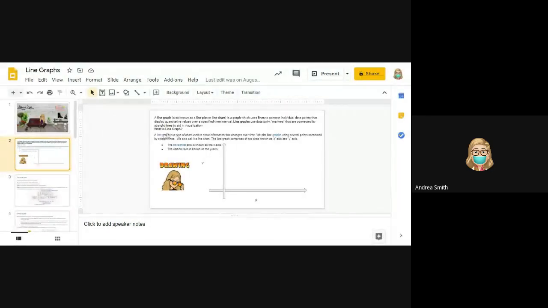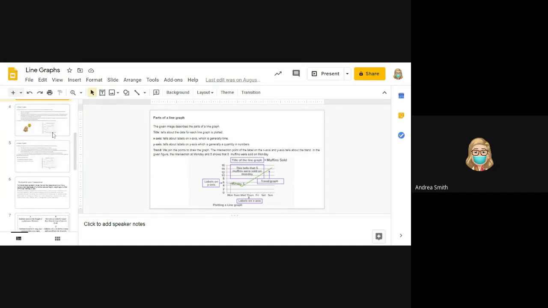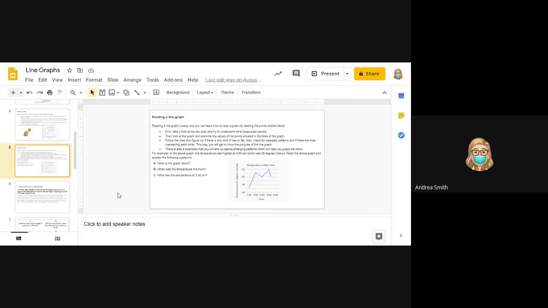And actually, this is where we started from. Again, I'm just giving you a quick review of line graphs. We said your x-axis, your y-axis, starting it, labeling it, putting all the information on it. We added plotting different things over a period of time. This one's labeled from time. You might even remember some of these charts.